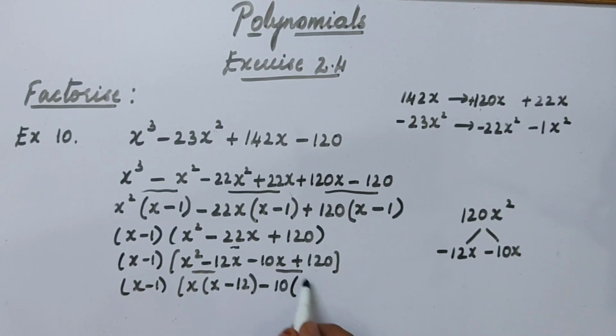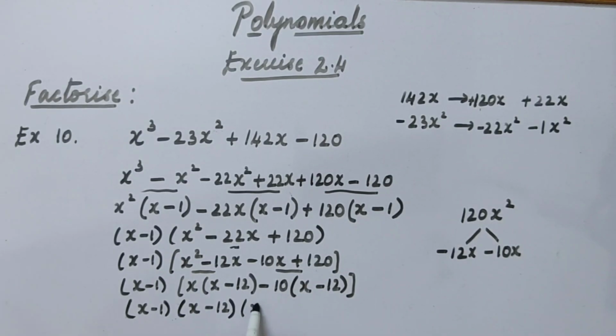Okay, 10 gets cancelled, x is left over, minus into plus is minus. Now 0 gets cancelled, only 12 is left over. Okay, now x minus 1 here. In these two you can find the bracket is common and leftover terms are x minus 10. Okay, I hope this is clear to you all, students.